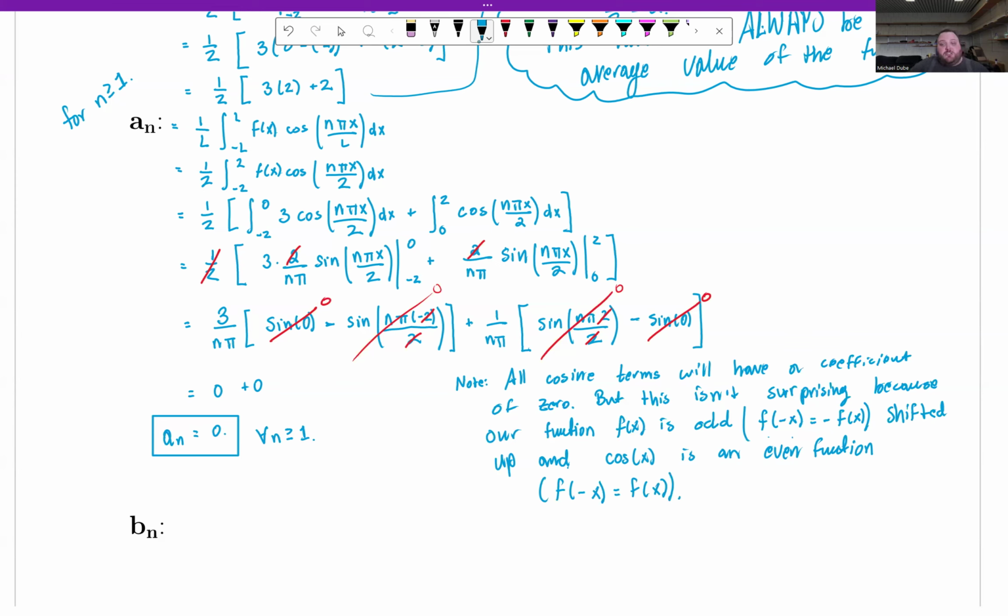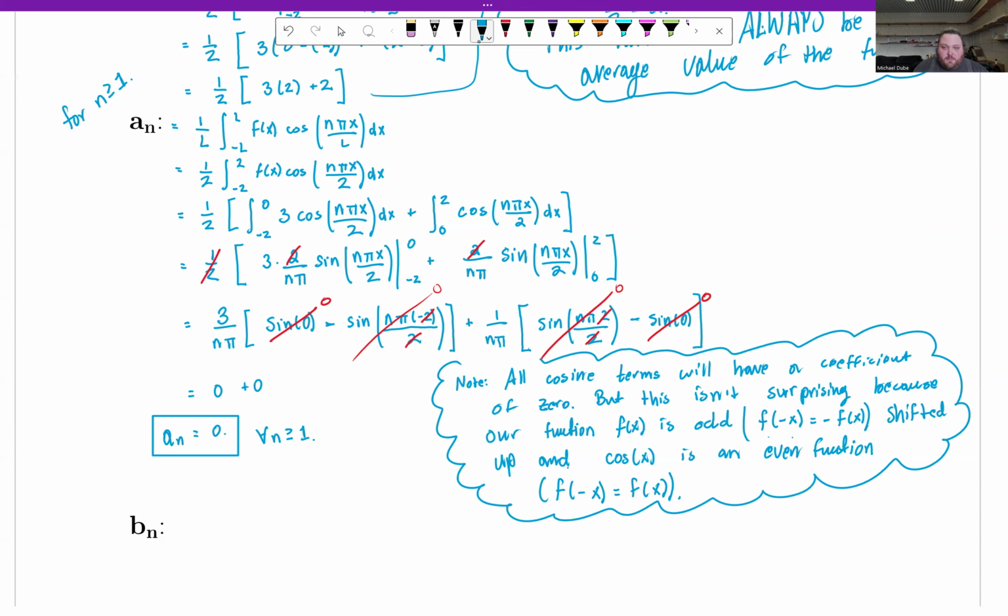Okay, so our cosine is an even function, but we're trying to represent an odd function, right? So it makes sense that we're not going to see any cosines appearing inside our terms, okay? Or inside our Fourier series, okay? We'll put a bracket around this. Okay, good.